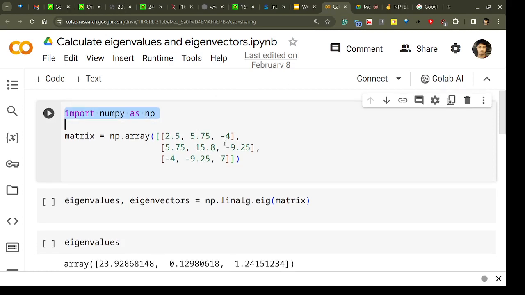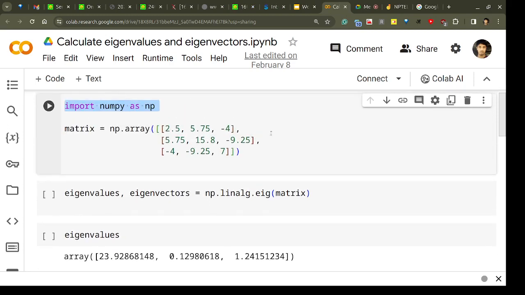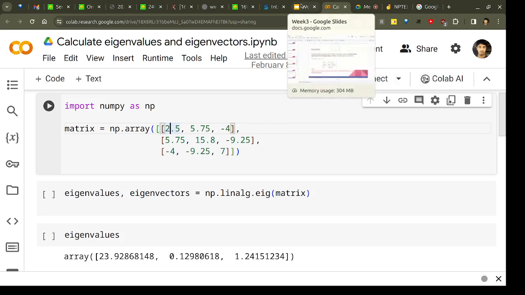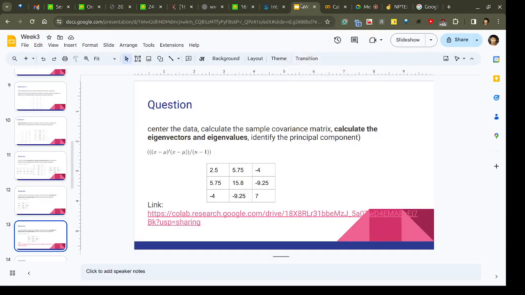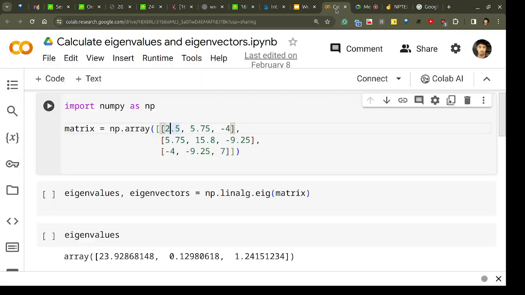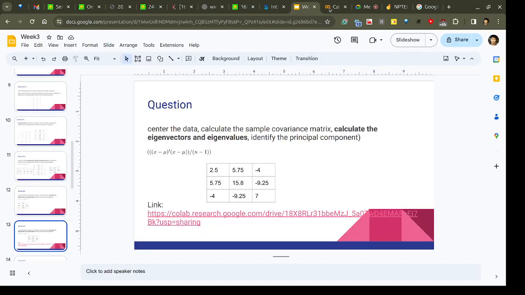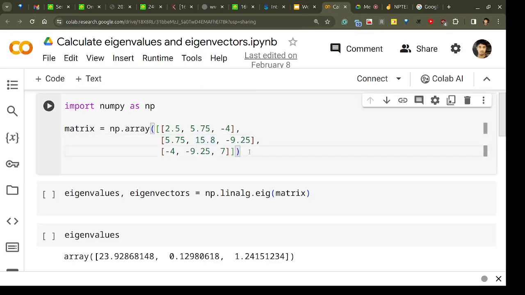Then we are declaring an array, and we are giving the values here. So what are the values? 2.5 and 5.75 and minus 4. Okay. And the other two also we are giving here. Fine. So this is our covariance matrix.